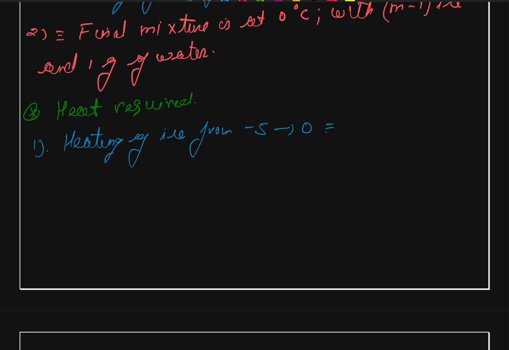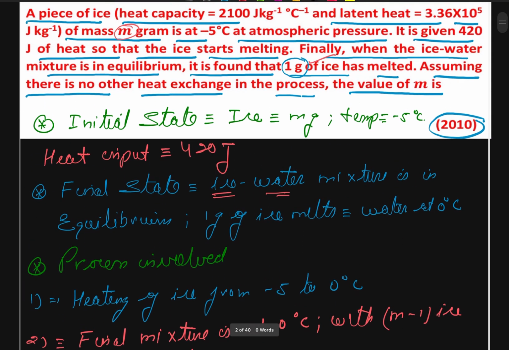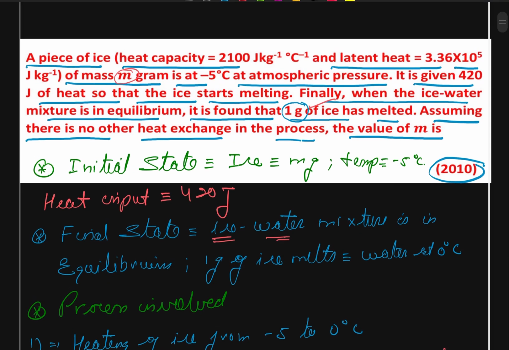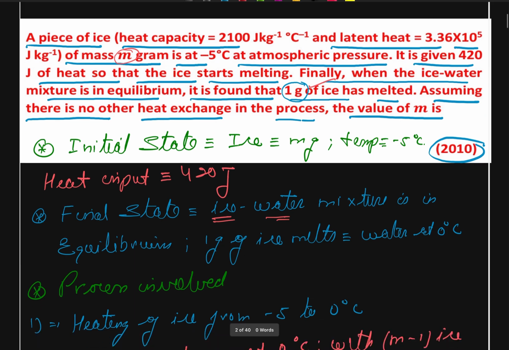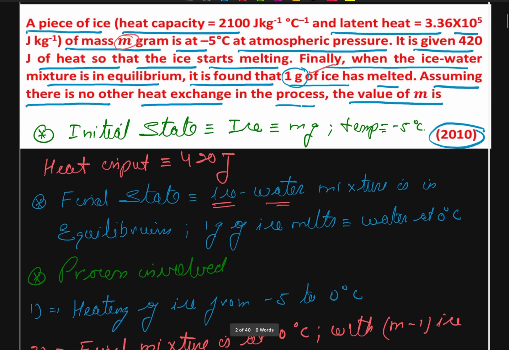Let us suppose that the heat is given as Q1, which will be equal to mass m times specific heat of ice times delta T. We can just substitute the values: the mass is given as m itself, and it is not latent heat but the heat capacity C, which is given as 2100 per kg.